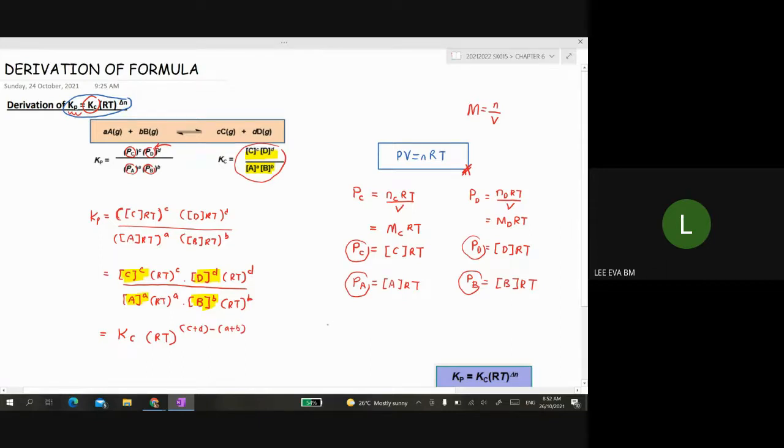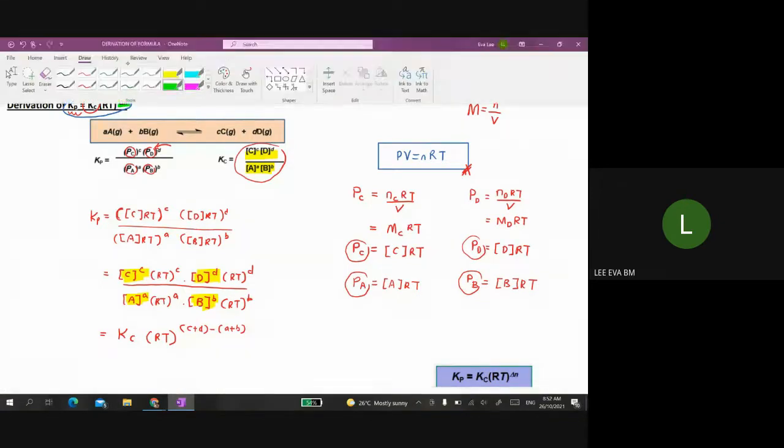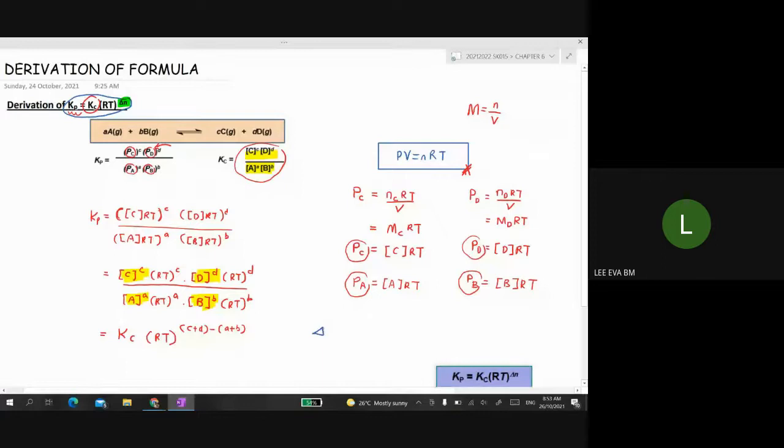So you need to take notes. This delta N refers to the number of moles, or the stoichiometry coefficients of your product minus reactant.